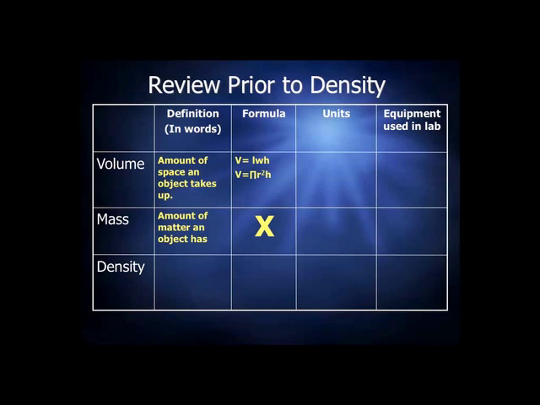Units. What units do we use for volume? There's a few of them. Habib? Milliliters. What else? Ryan? Centimeters cubed. Or liters. And for mass, we use grams, kilograms, milligrams.